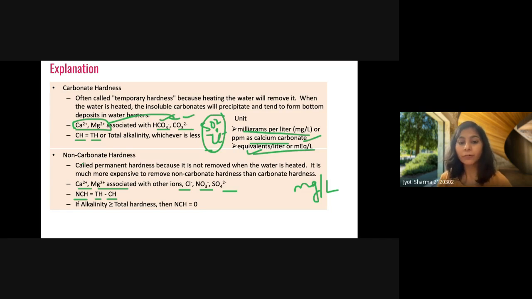This is very important to know, because most of the questions will be solved based on that. I will show you how to calculate it in the next numerical question. But I think till now the difference between alkalinity, carbonated hardness and non-carbonate hardness is very clear.